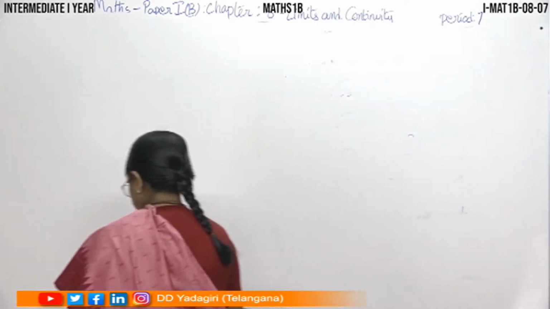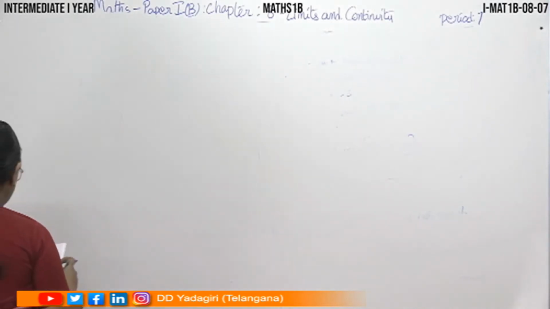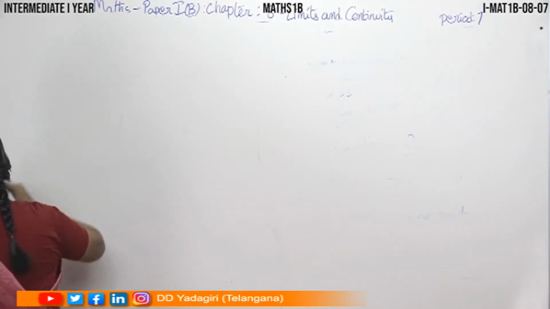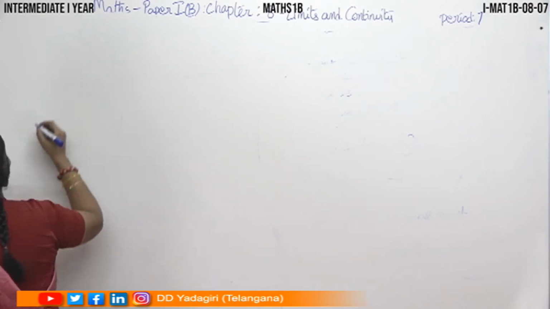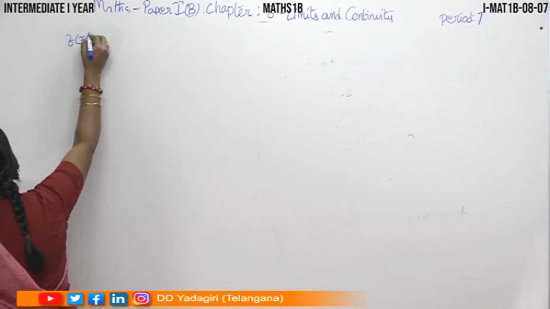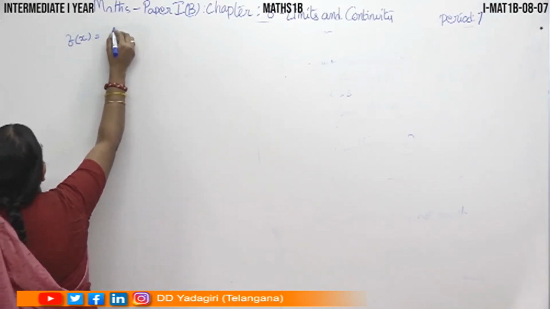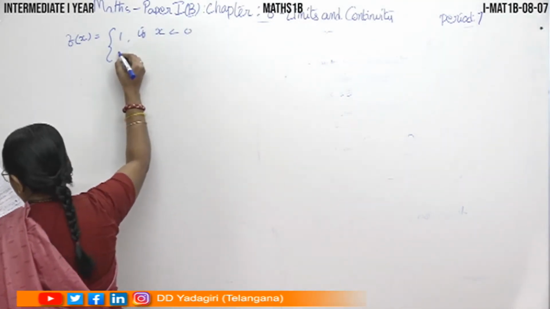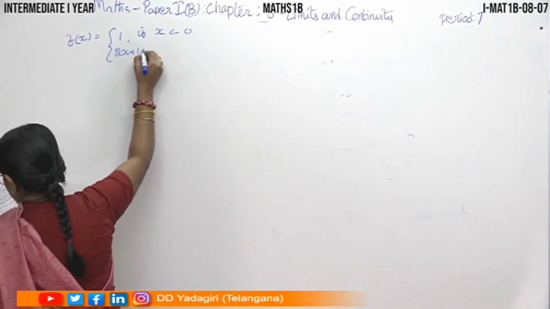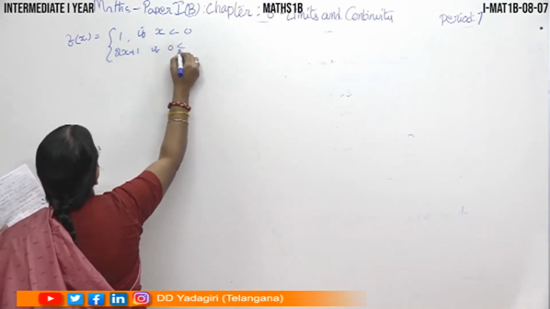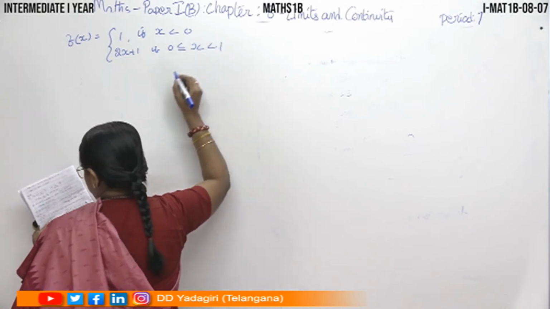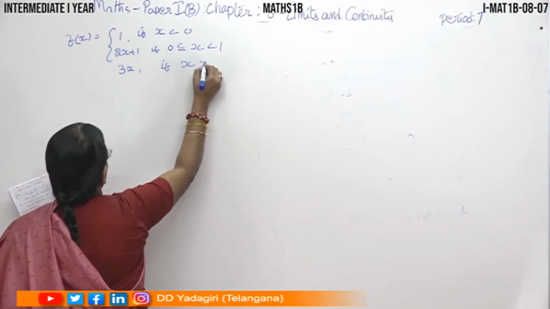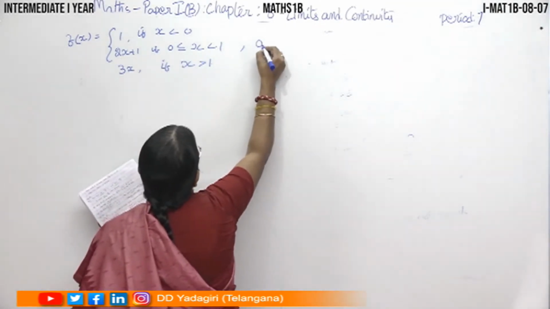Okay, next problem. f of x is equal to 1 if x is less than 0, and 2x plus 1 if 0 less than or equal to x less than 1, 3x if x is greater than 1. And here a is equal to 1.